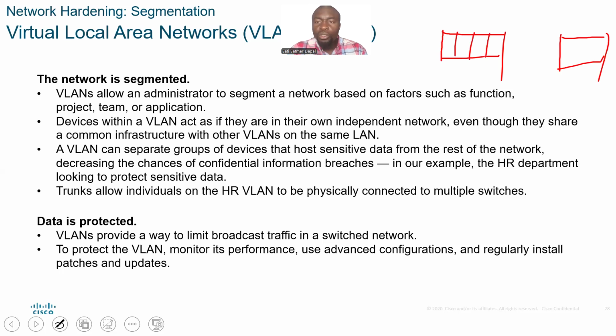This switch has ports 1, 2, 3, and 4. This one has ports 1, 2, 3, and 4. And you are saying you want to create probably a VLAN for staff and students. And so maybe you have access points, APs, that are connected, and you want them to talk to each other. Then you can say, I will put AP1 here.